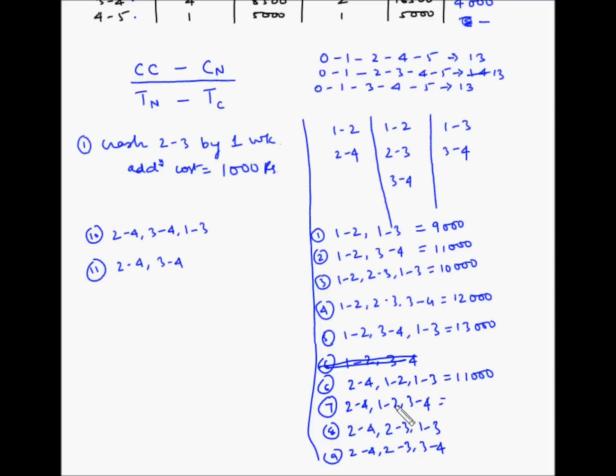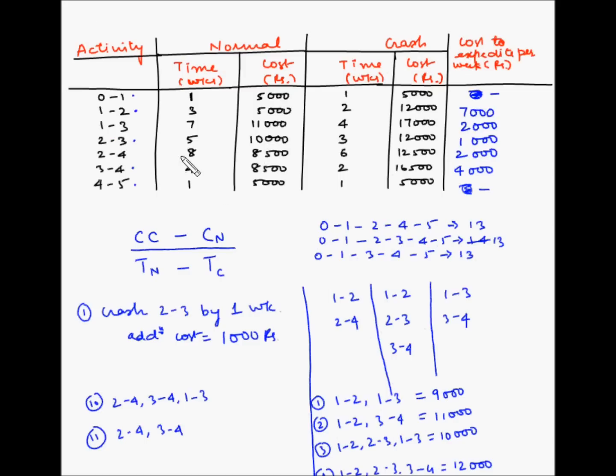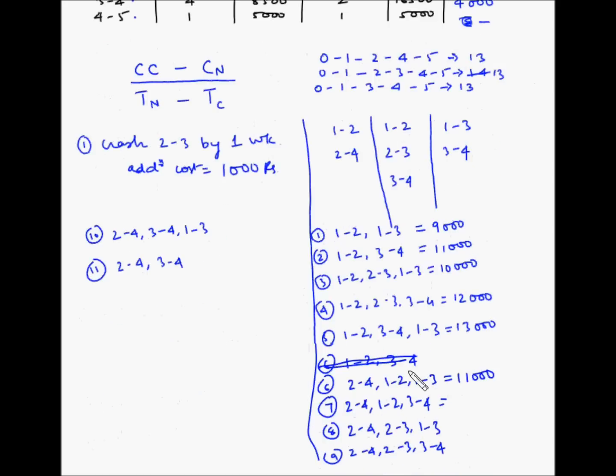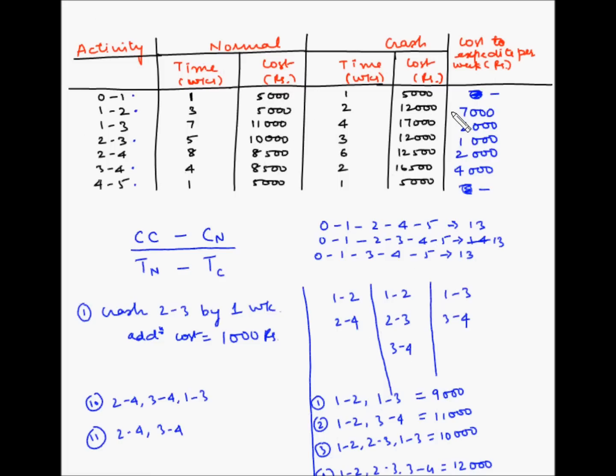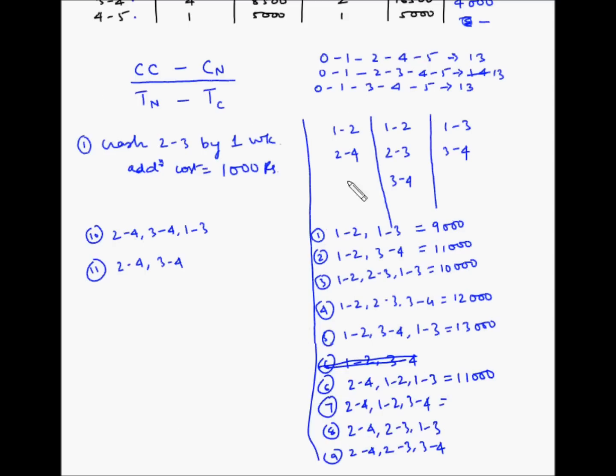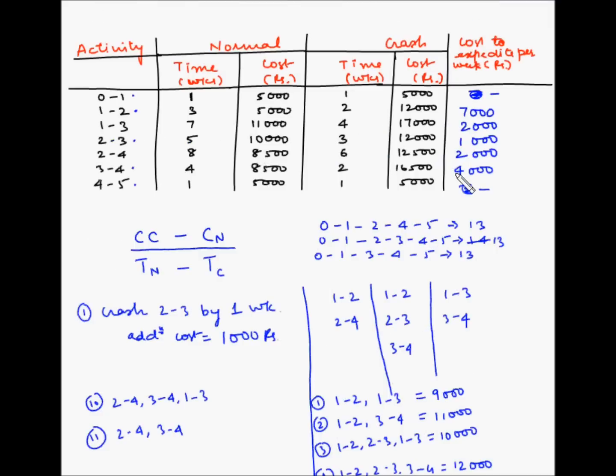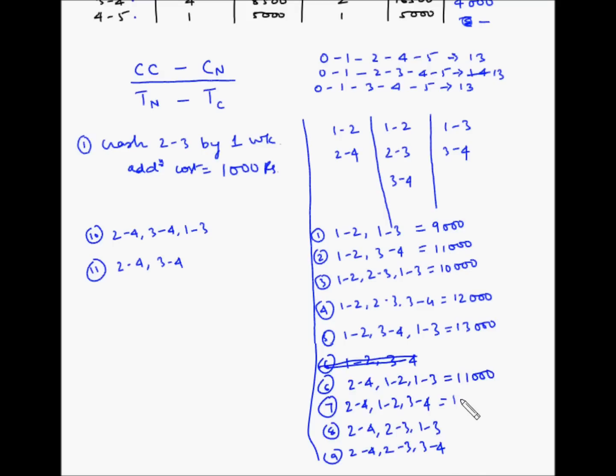Next one is 2-4, 1-2, 3-4. So 2-4 is 2,000, 1-2 is 7,000, so 9,000, and 3-4, which is 4,000, so 9,000 plus 4,000 is 13,000.